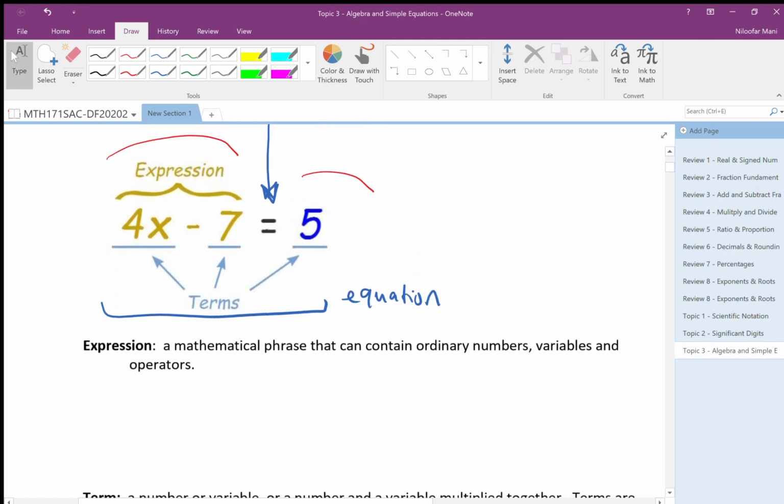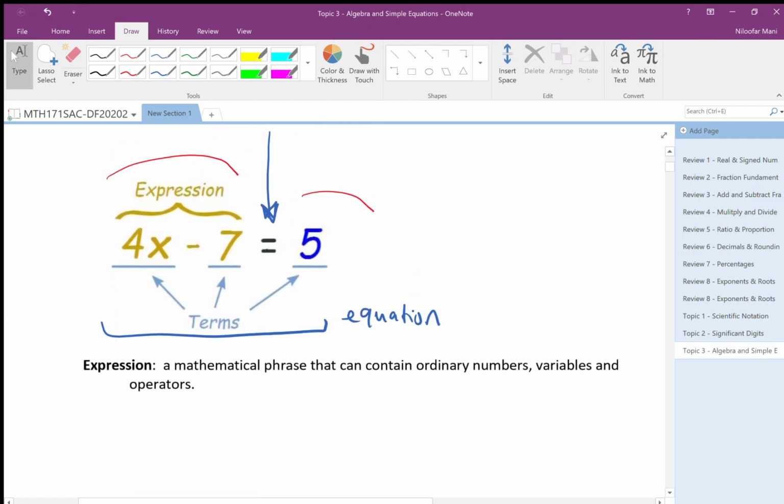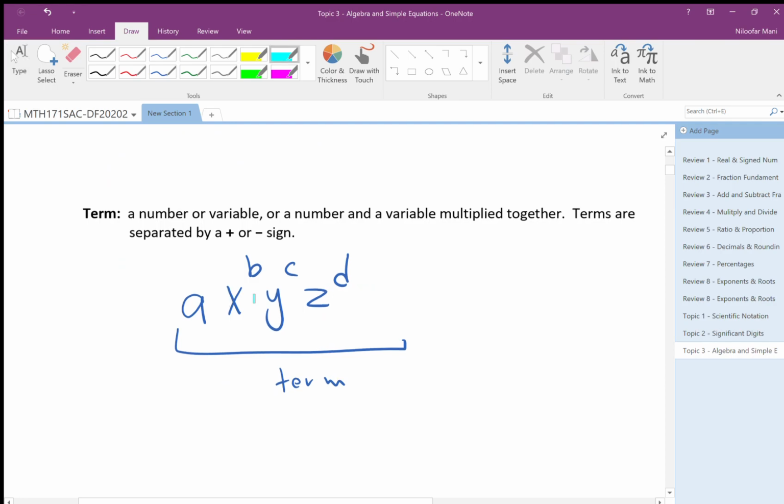So again, the whole thing is an equation, and the equation has two expressions, the right expression and the left expression, and each expression is made by several terms, separated with plus and minus. So here I have this as a term, this as a term, and this as a term. A term can be just a number, or just a variable, or a number and variable in multiplication, like here.